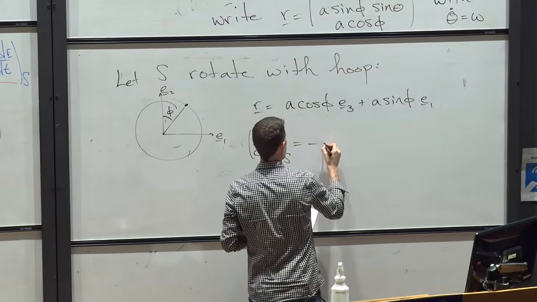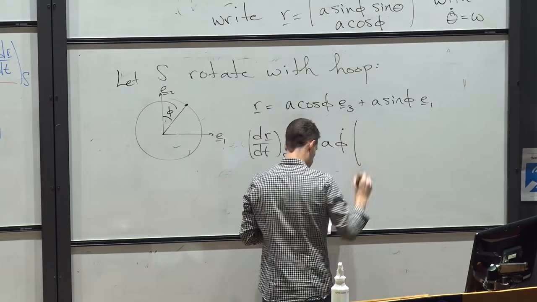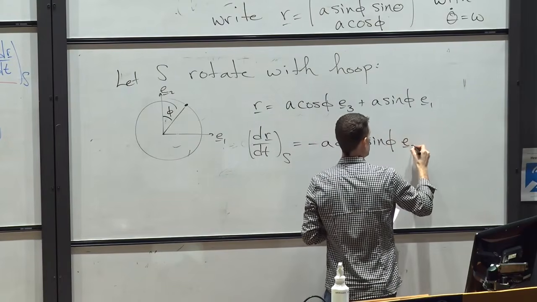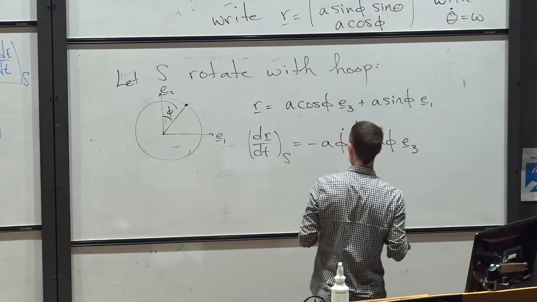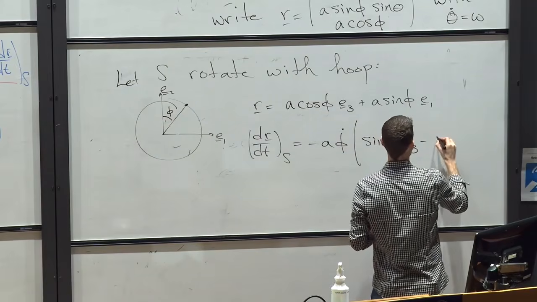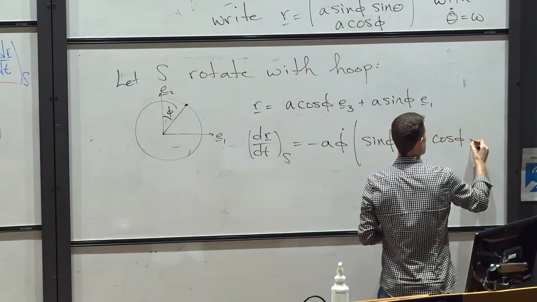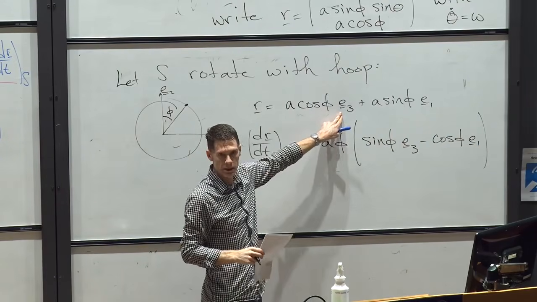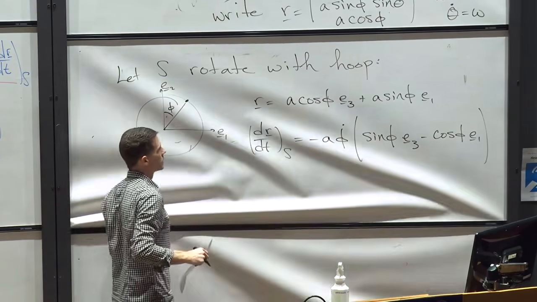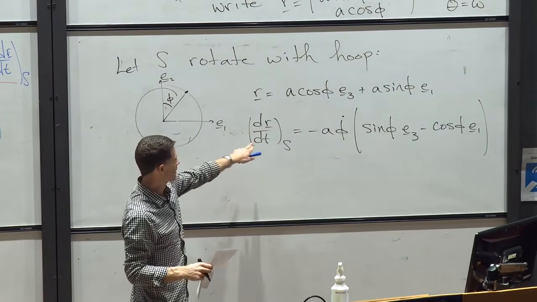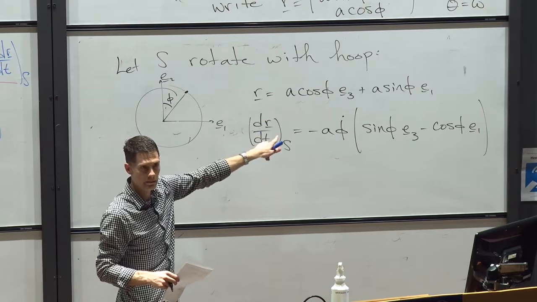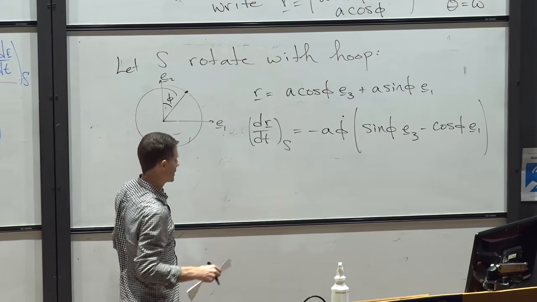So I get minus a phi dot times sine phi E3 minus cosine phi E1. In other words, there's no E3 dot, E1 dot I worry about at that stage. And I can take a second derivative in the S frame, and it's again just going to get a phi dot dot and some back to sines and cosines.